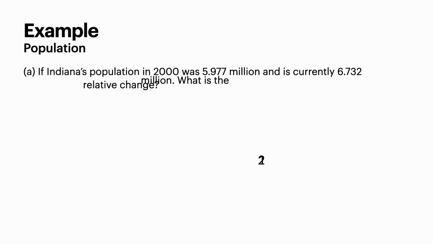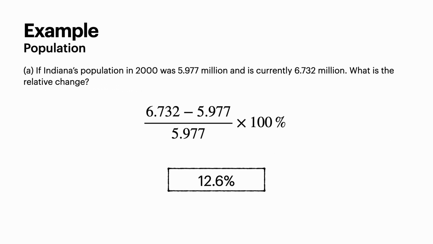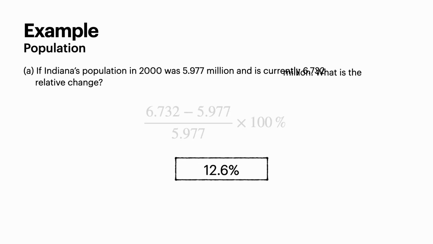All right, so let's do relative change. So here's my relative change. I took the difference of the populations, I divided it by the old, I multiplied it by 100%, I got 12.6% increase. Okay, that's relatively simple if you understand relative change. Now, the part B, this is where we need to plug that in the formula.